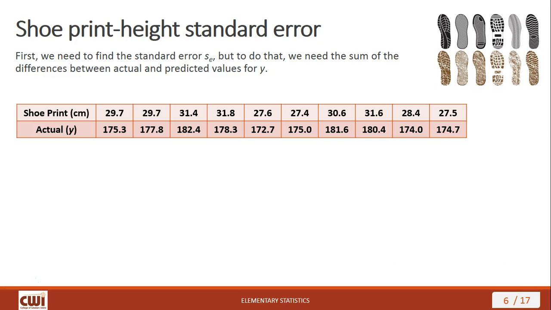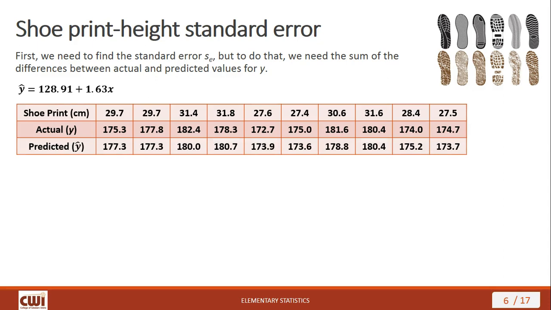So these values of y are going to form the center of our prediction interval. If I use my regression equation that was found previously, I can calculate a predicted value of y. This is y hat. So using each one of the x values, the shoe print lengths, I can calculate a corresponding value for y hat. And I can add that to my table here.